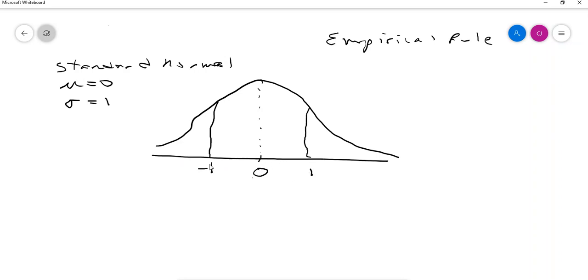One standard deviation above, one standard deviation below. And so the empirical rule tells us that the amount of area is pretty much 68% of all the area under this curve. 68% of it is going to lie between -1 and 1, or within one standard deviation. That's good to know.